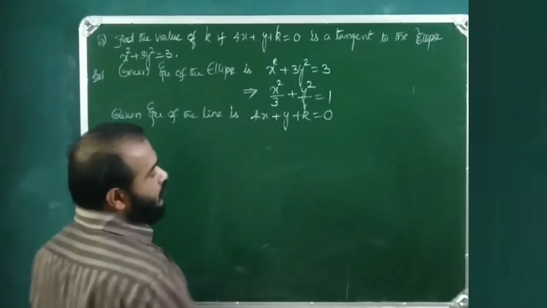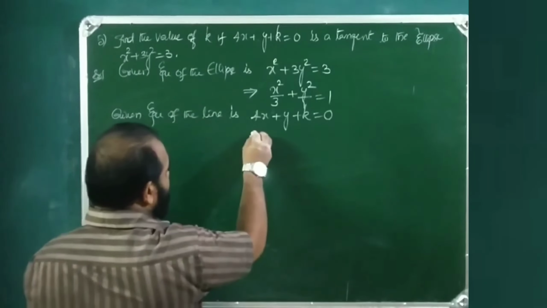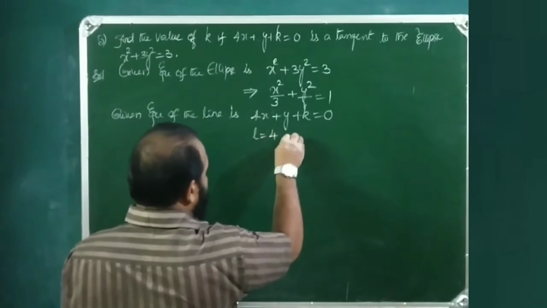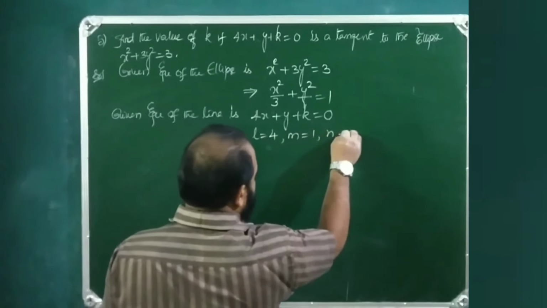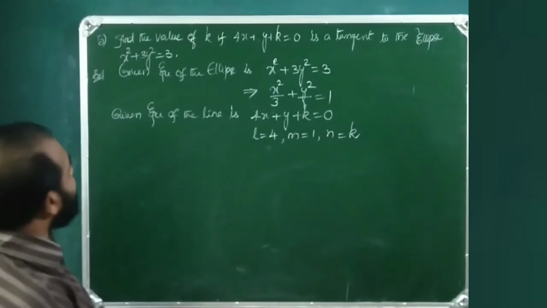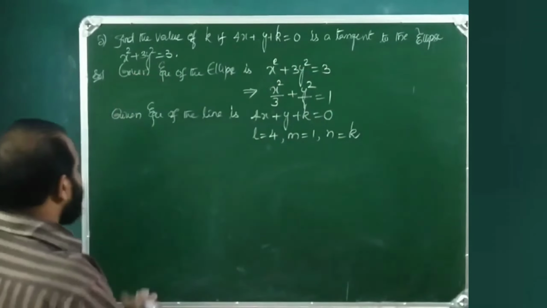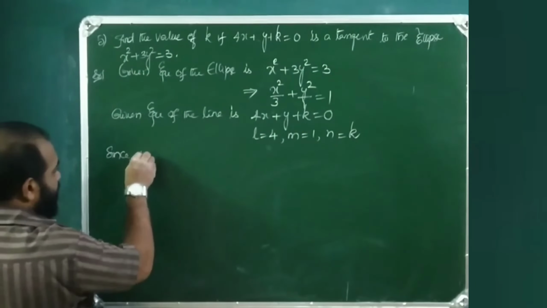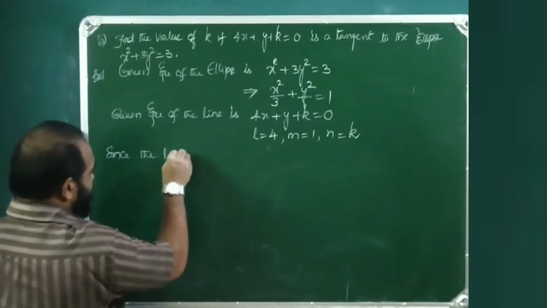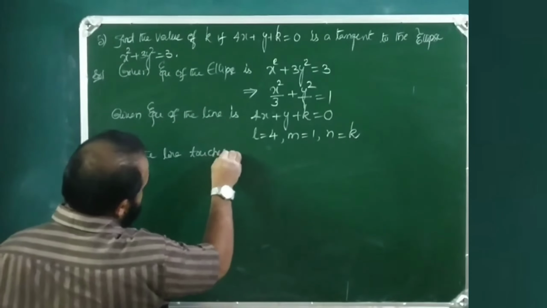So if you compare this with the line Lx plus My plus n equals to 0, then this is L equals to 4, M equals to 5, N equals to K. So since this line is a tangent to this ellipse, since the line is a tangent means touches the ellipse.